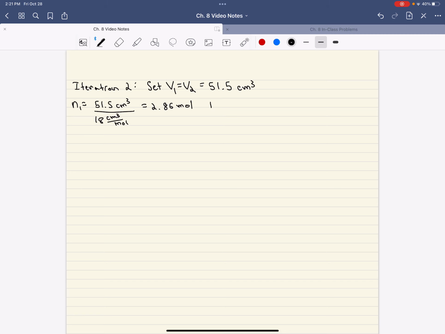So it's slightly higher than before. N2. Our total N goes N1 plus N2 equals 3.75 moles. All right. And once we have total N, we could get our x2.